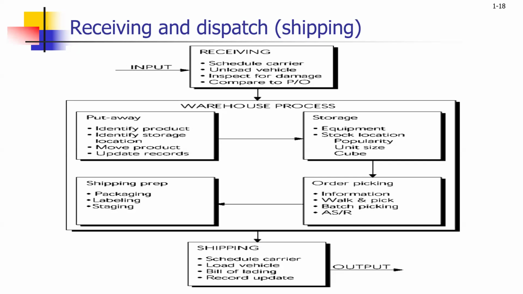This is a typical buying and selling kind of thing. If it's not buying and selling, the receiving may be coming from a manufacturing plant. If it's a manufacturing business, it comes from a manufacturing plant, and so we are receiving it in inventory for sale. Or sometimes we are receiving the materials and we put away, we store. Then instead of going to order picking, what we do is issue to production.